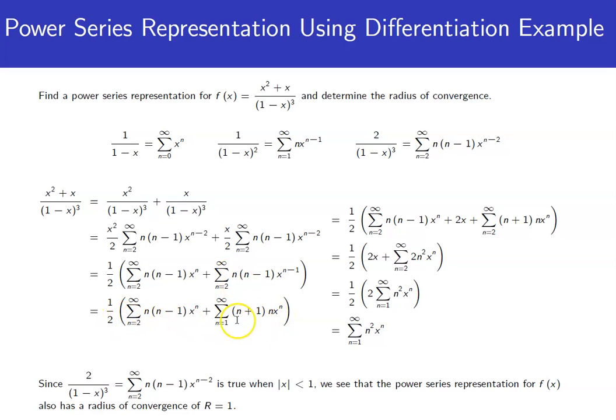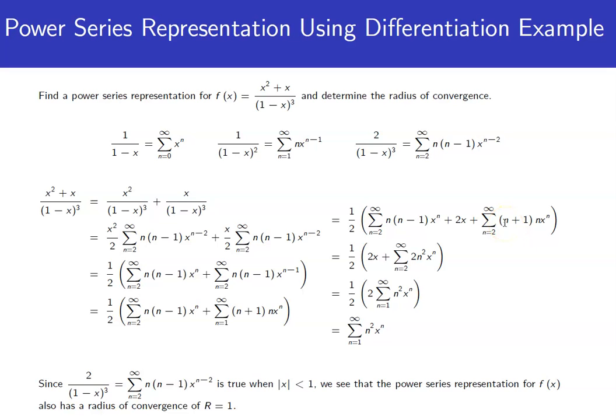I can't quite combine the two series together yet because one starts at 1 and one starts at 2. So let's pop off the first term on this one, and then they both start at 2. The first term here is when you plug in 1 for n, you get 2 times 1 times x. So I get a 2x here. Both of these now start in the same spot.